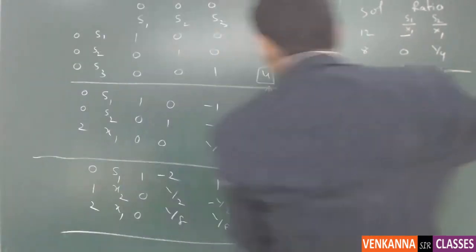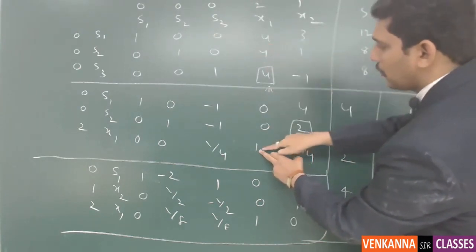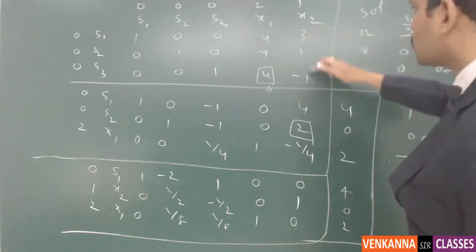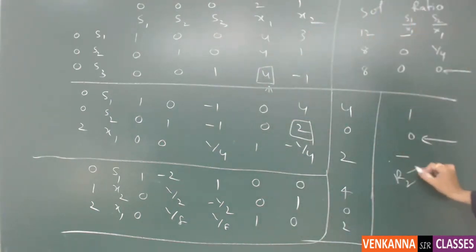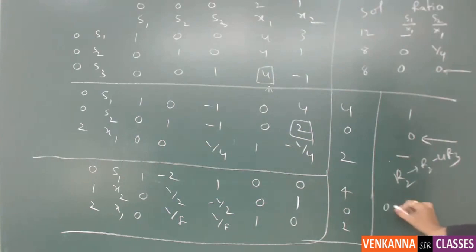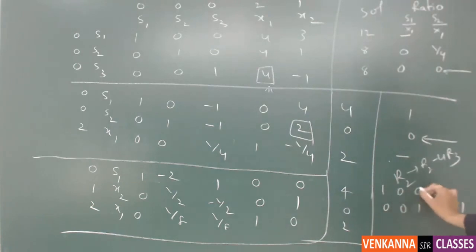So what happened, since this is 1, this is 4, if you want to make this value as 0, you have to multiply this entire row with 4 and subtract these two. So if it's say R1, R2, R3, so R2 tends to R2 minus 4 R3. That is the operation you are going to take. So if you take that, you have 0, 0, 4, sorry, 1, 4, -1, and this way will be changed as 1, 0, 0, 4, 3, and you are doing the subtraction there.